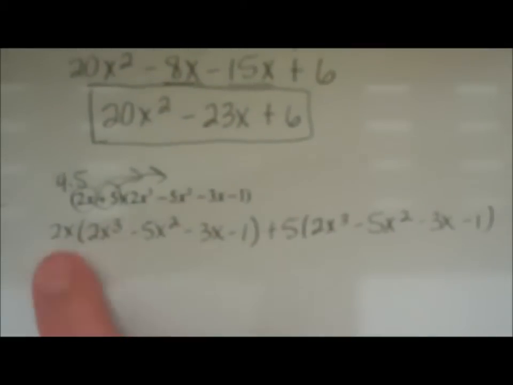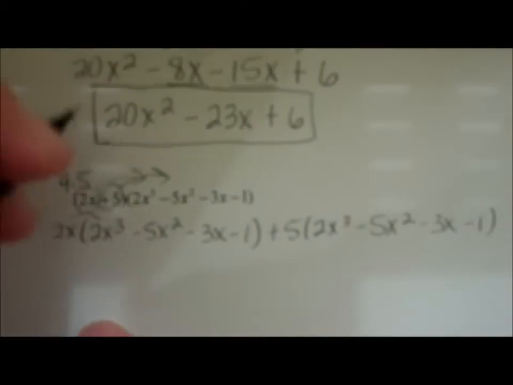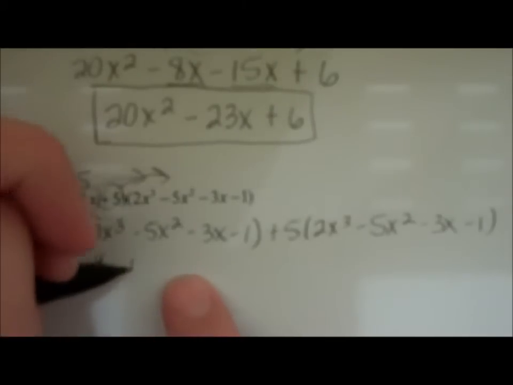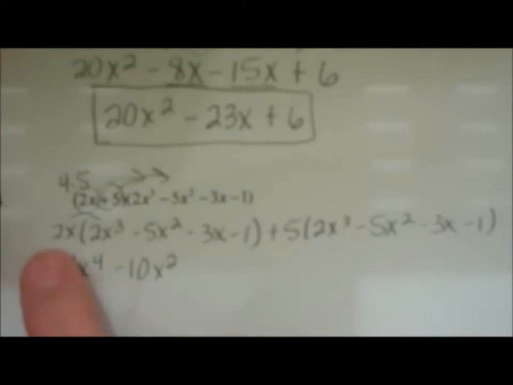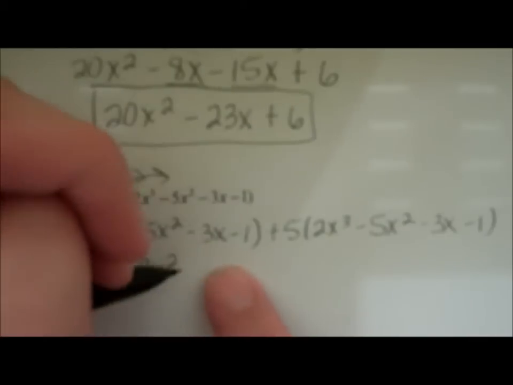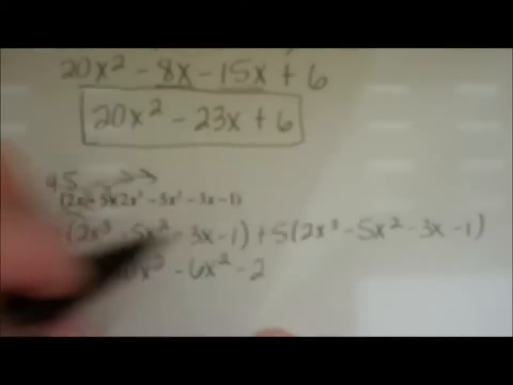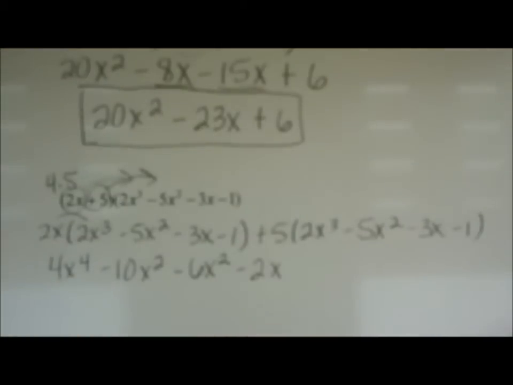Okay, now I'm going to go back to this first part and distribute the 2x over. 2x times 2x cubed gives me 4x to the 4th. 2x times negative 5x squared gives us negative 10x squared. 2x times negative 3 gives us negative 6x. 2x times negative 3x gives us negative 6x squared. 2x times negative 1 gives us negative 2x.